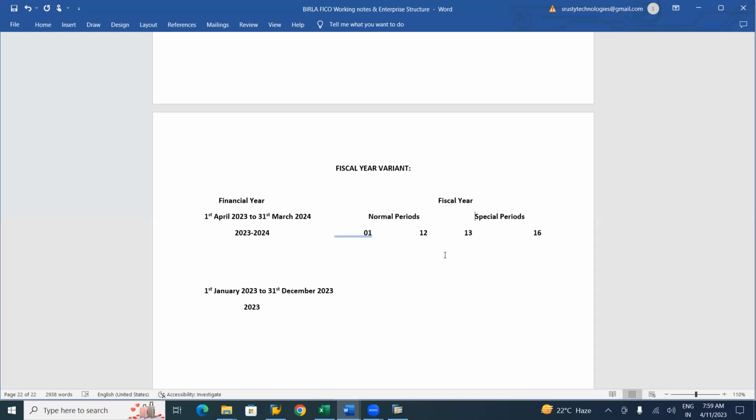So there is a possibility of missing entries and wrong entries, right? So whatever adjustments we need to do after closing of books, because that is related to this particular fiscal year, this particular financial year, the auditors will track, right? In the 13th month they have tracked, and they will adjust directly in this particular books.